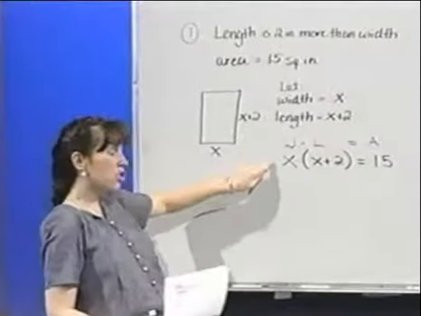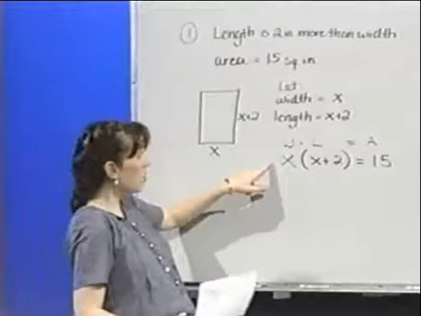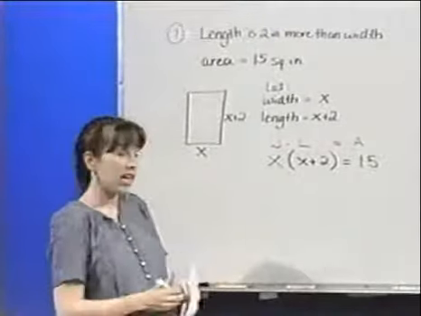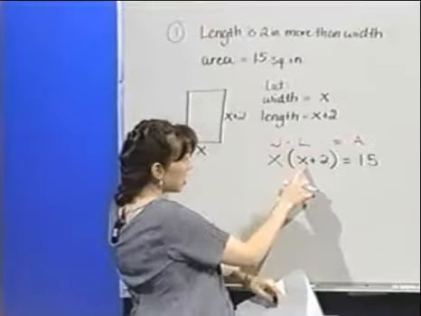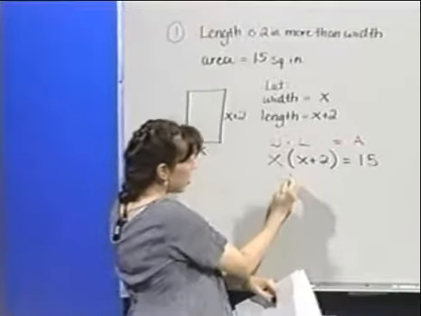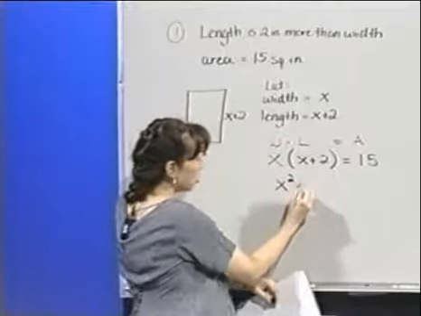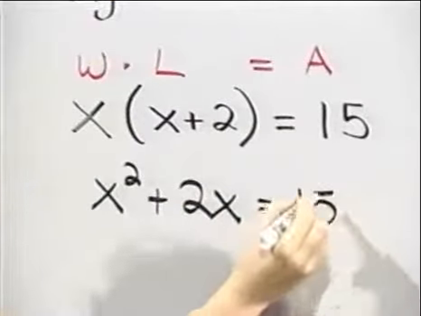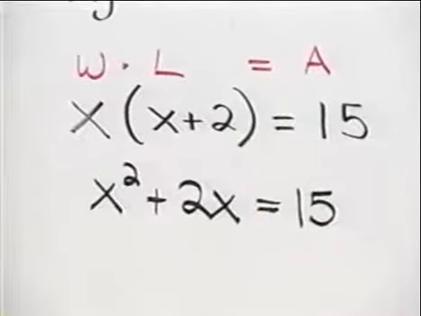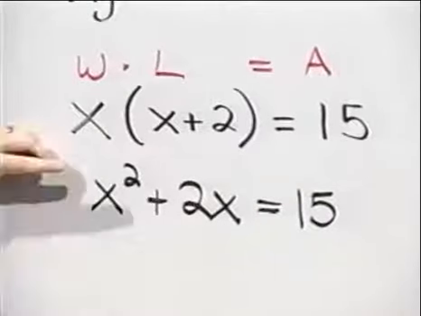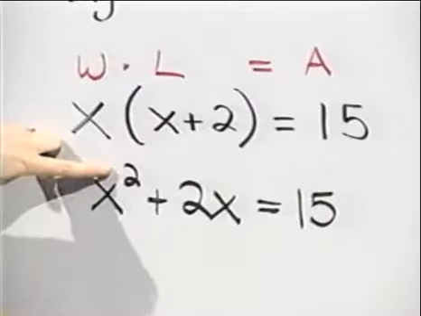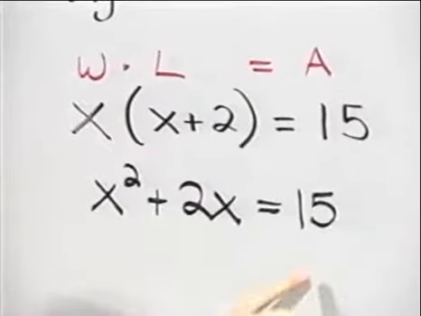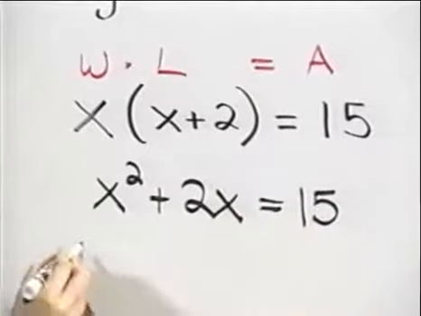To solve this equation, you first want to use the distributive property on the left side and multiply it out. X times x is x squared. X times 2 is plus 2x equals 15. You should then observe that you have a degree of 2, which makes this a quadratic equation. And we know how to solve those. Remember, you want to get 0 on the right side.